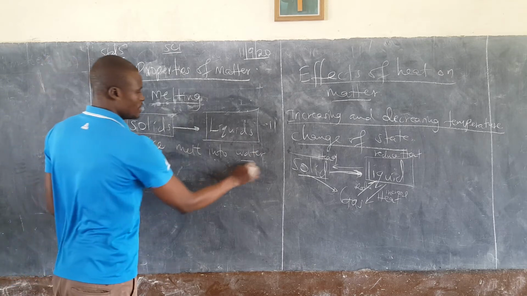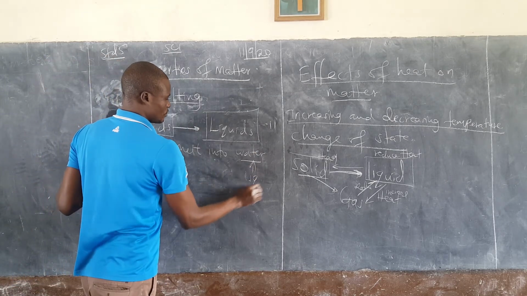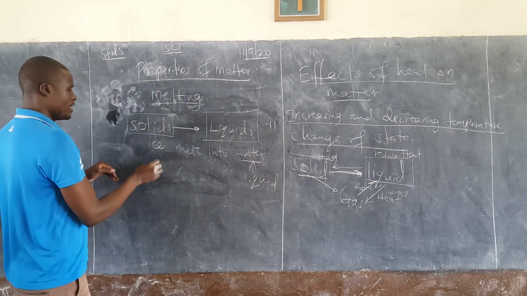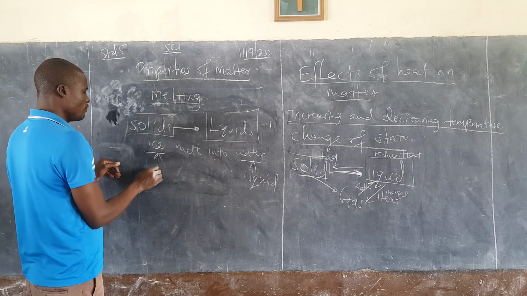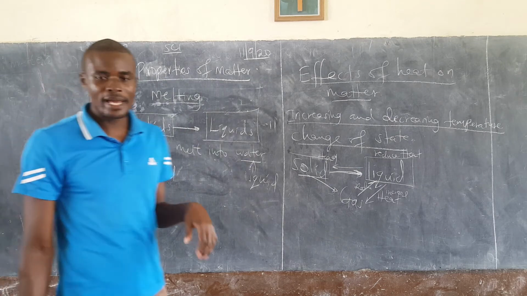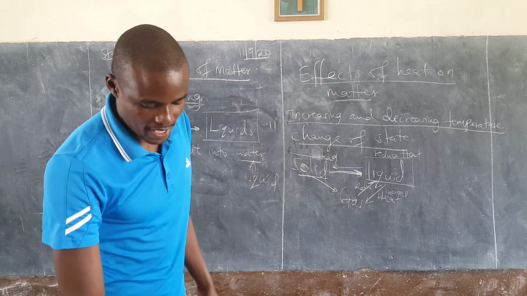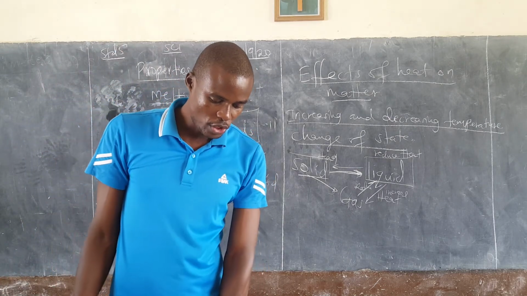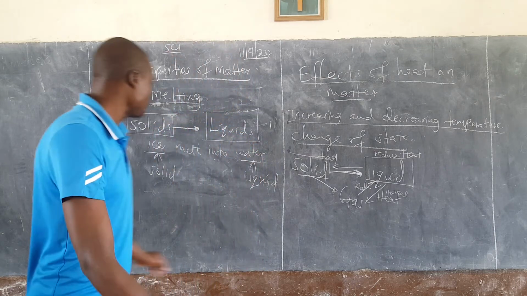Water is liquid, and ice is a very good example of solid. So we talk of melting there. They melt, so change into liquid because of the increase of temperature.